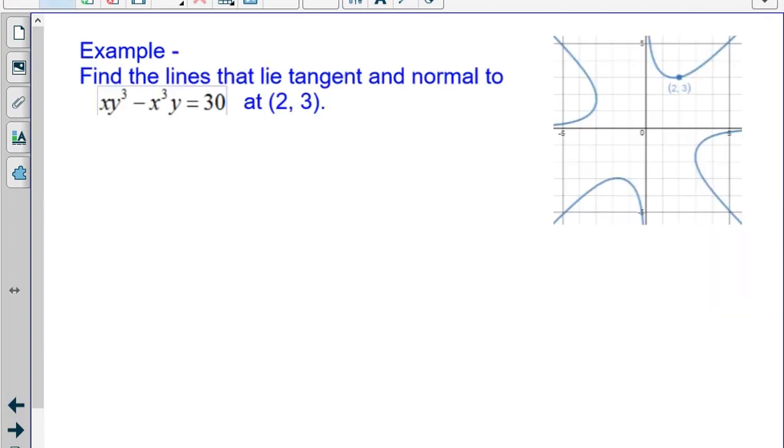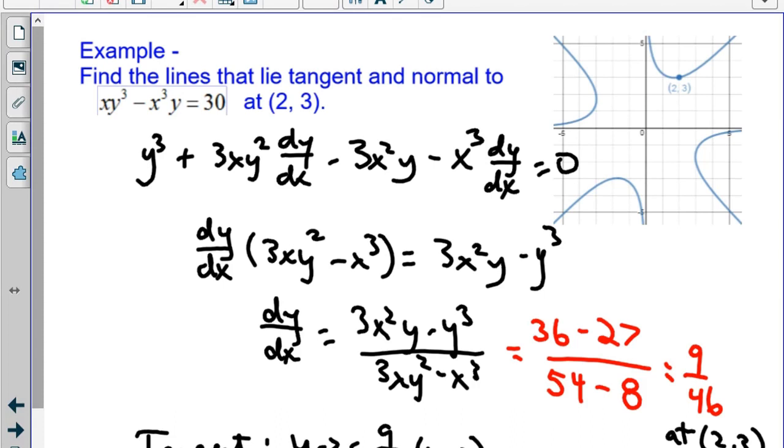I want you guys to try this one by yourselves, and then I'm going to put the answer up. So the first thing we're going to do is take the derivative of this. So we do the dy/dx thing, we get all the dy/dx parts on one side, and we factor them out. And then we take all of the parts that don't have dy/dx, we move them to the other side. Then we divide.